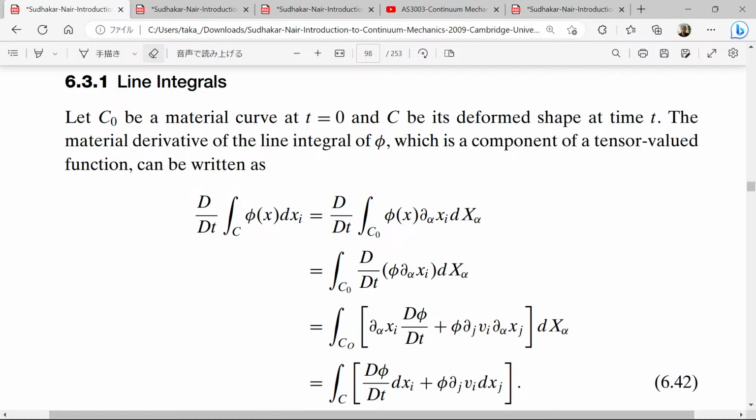The material derivative of the line integral of phi, which is a component of a tensor-valued function.